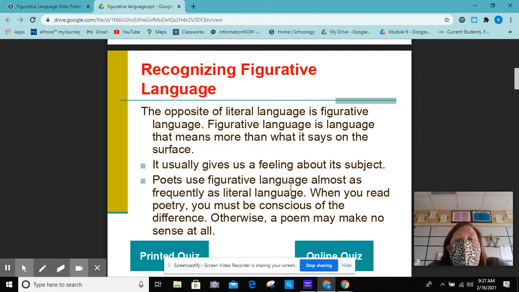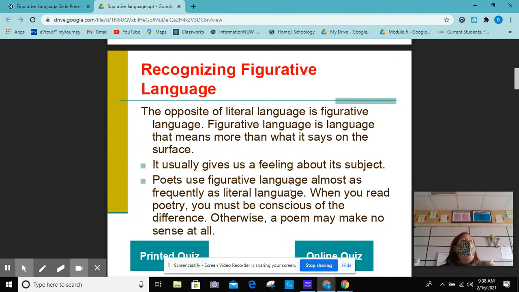Figurative language is language that means more than what it says on the surface. It usually gives us a feeling about its subject. Poets use figurative language almost as frequently as literal language. When you read poetry, you must be conscious of the difference. Otherwise, a poem may make no sense at all.